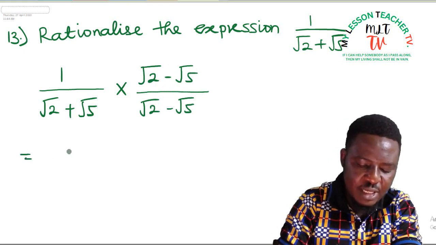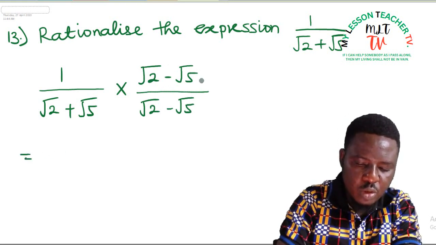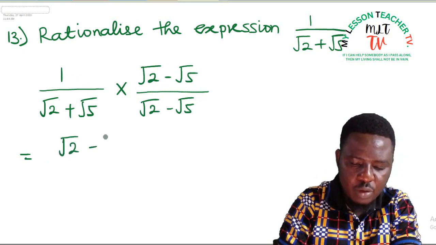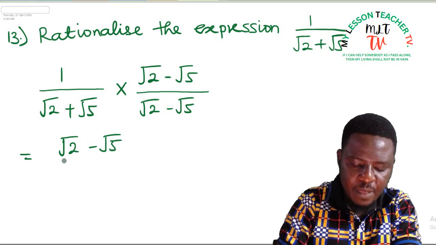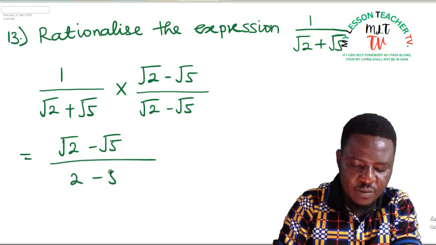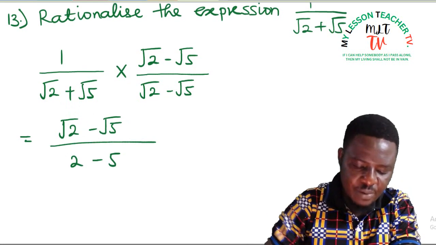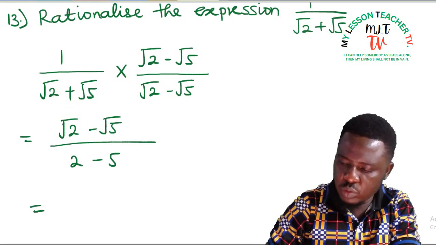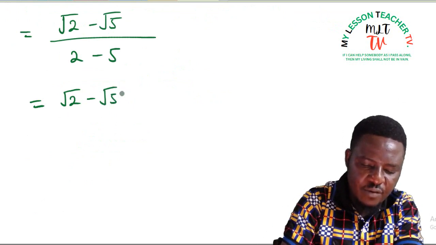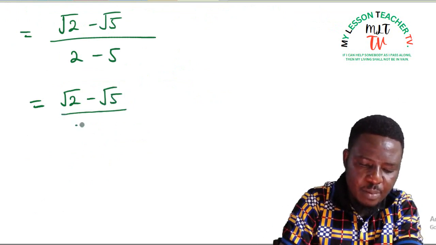So when you simplify, 1 times root 2 minus root 5 is said to be root 2 minus root 5 divided by, this gives us 2 minus 5. When you simplify, this is equal to root 2 minus root 5 divided by minus 3.